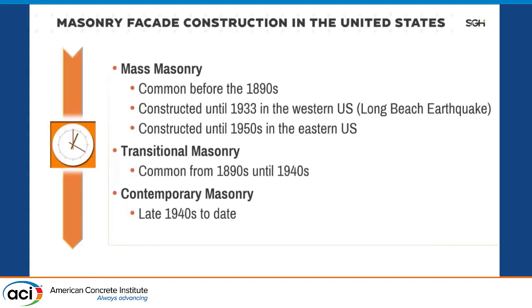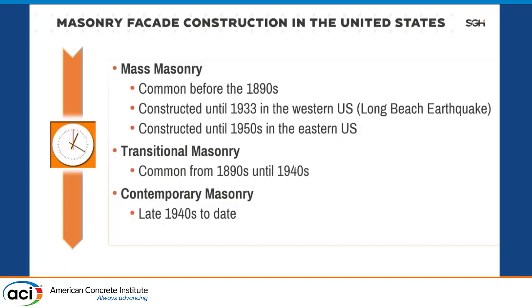So just to give you background on masonry facade construction in the United States, mass masonry is the oldest masonry in the United States. It was common before the 1890s. It's what you see, these very thick multi-wythe walls with thicknesses that vary from 12 inches to 30 inches typically, although you can find thicker walls.